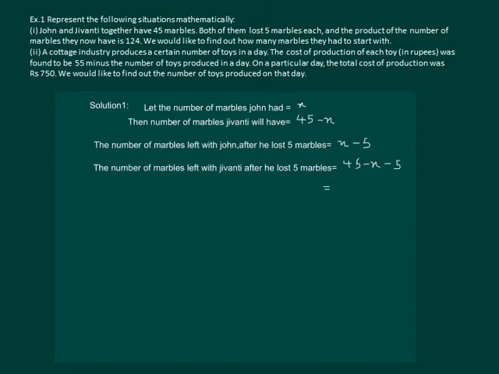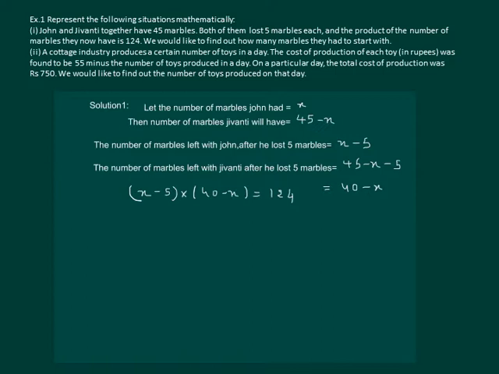This gives us 40 − x. Further in the question it is given that the product of number of marbles they now have, that is after loss of 5 marbles each, is 124. That means (x − 5)(40 − x) = 124.